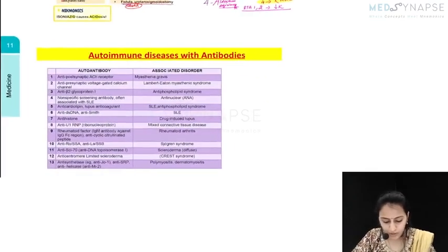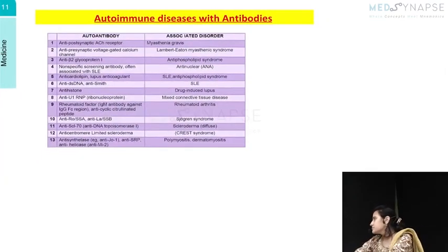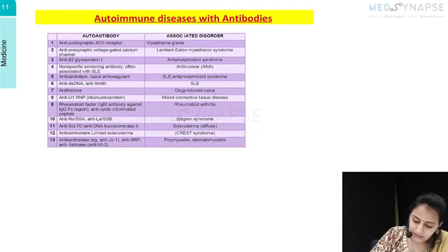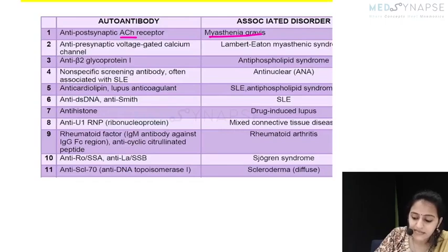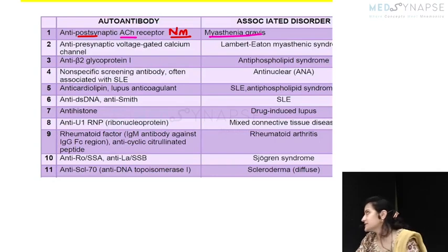Coming to the autoantibodies. Which antibody you see in which disorder? Myasthenia gravis we have already seen is antibody against acetylcholine receptor. Presynaptic, postsynaptic? Postsynaptic. What type of receptor is this? NM, right? Neuromuscular junction, NM.